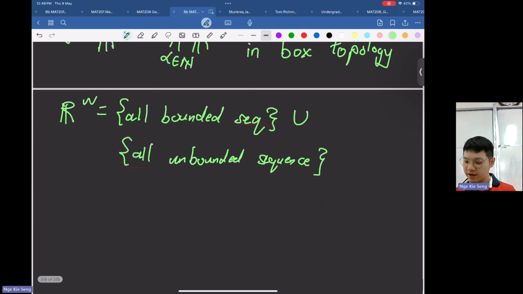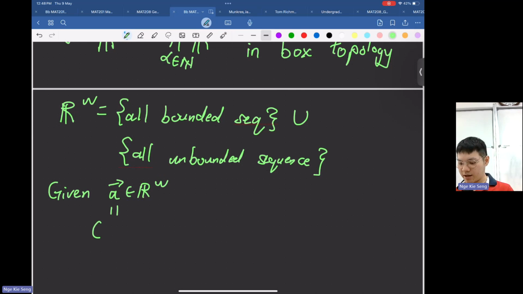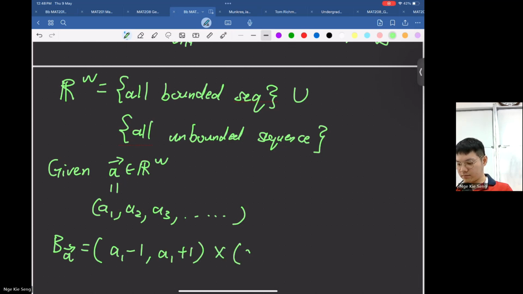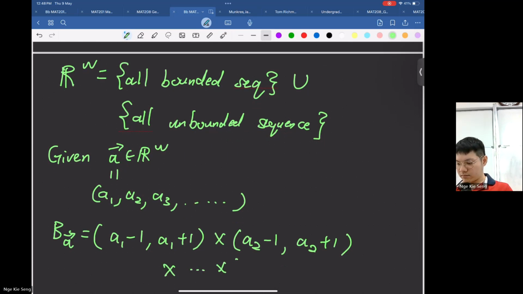So the claim here is, given a point a in R omega, you can write a as a1, a2, a3, and so on. How to form an open neighborhood around it? You can consider the neighborhood to be something like (a1 - 1, a1 + 1), (a2 - 1, a2 + 1), and so on.